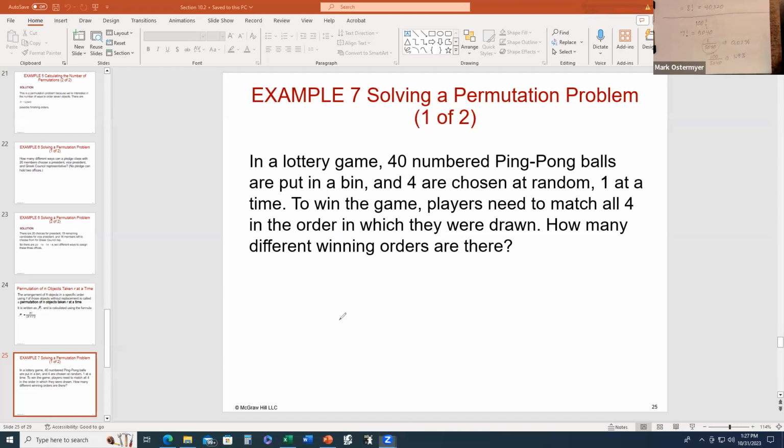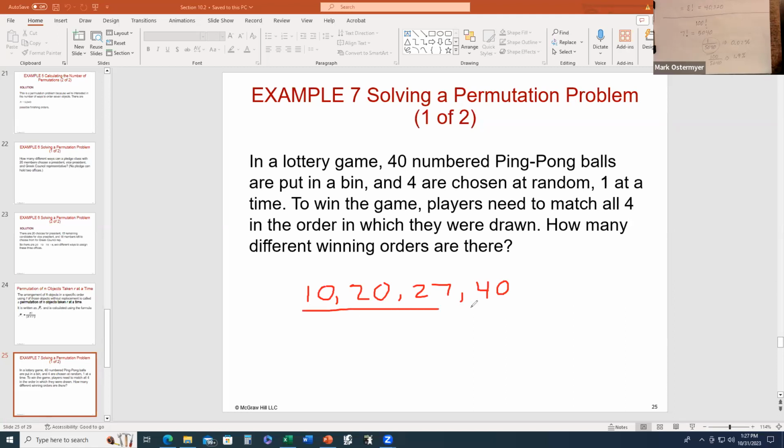So in other words, ladies, one possible order could be a ticket that has 10, 20, maybe 27, and maybe 40 in this specific order.